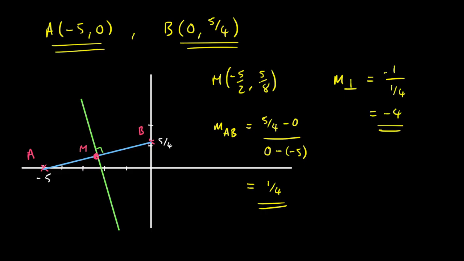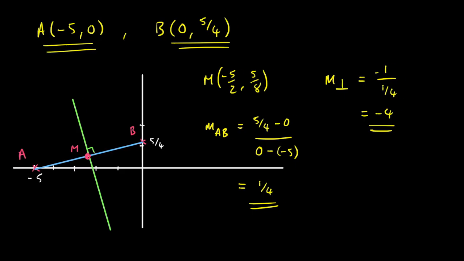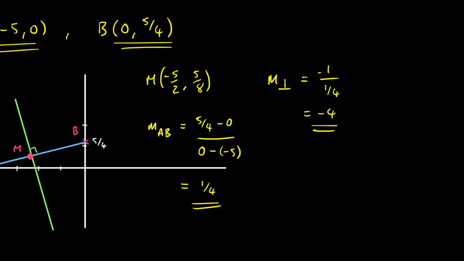So we have got the point of the green line. We've got the gradient of the green line. So we can do y minus y1 is equal to m(x minus x1). So let me just do that. So I'll write here, equation of perpendicular bisector.